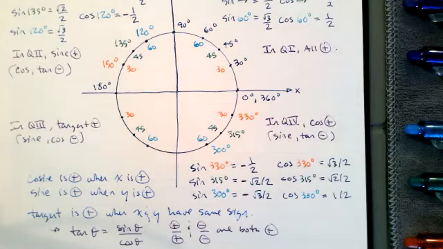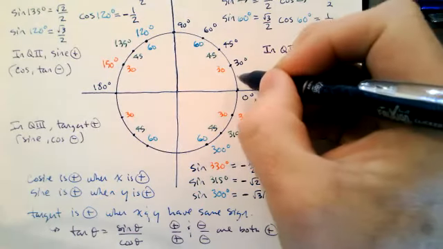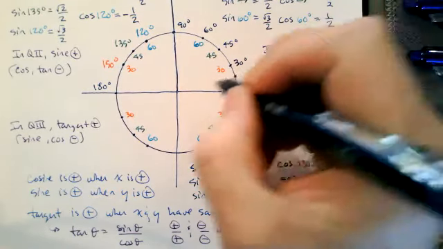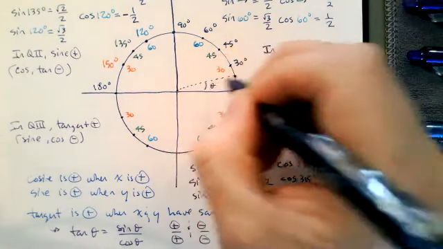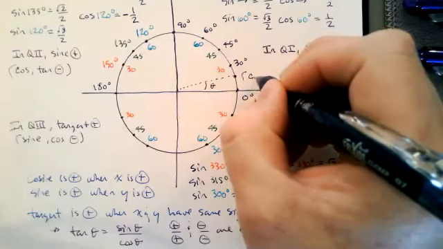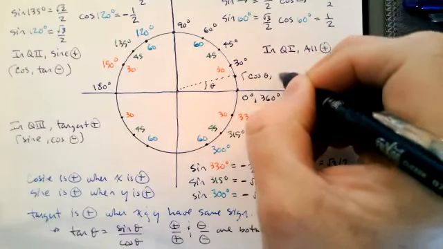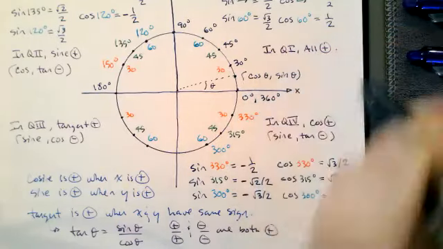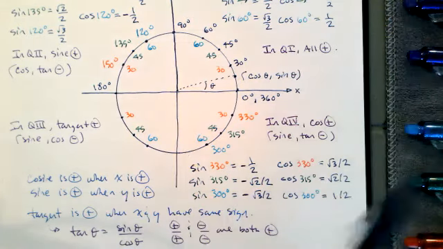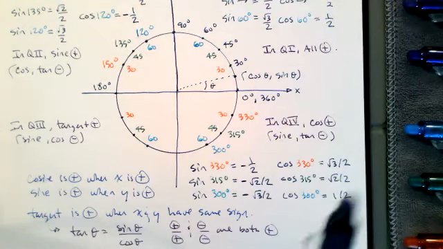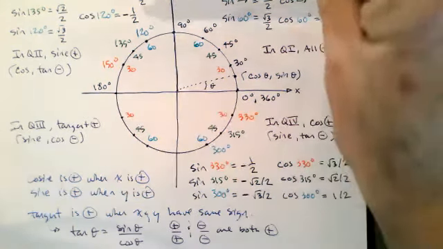Because what we're going to do is assign to a point, to an angle theta, on the unit circle, the coordinates cosine theta, sine theta. So the coordinates going around the unit circle, the x coordinate is the cosine. So cosine is positive when x is positive. And the y coordinate will be the sine. So sine is positive when y is positive.